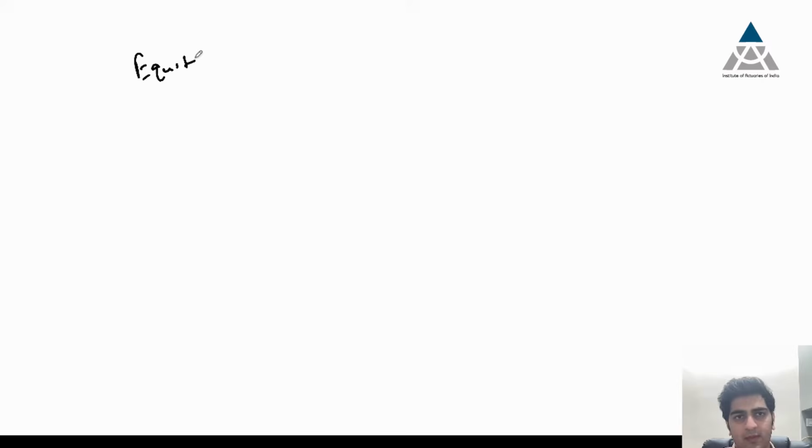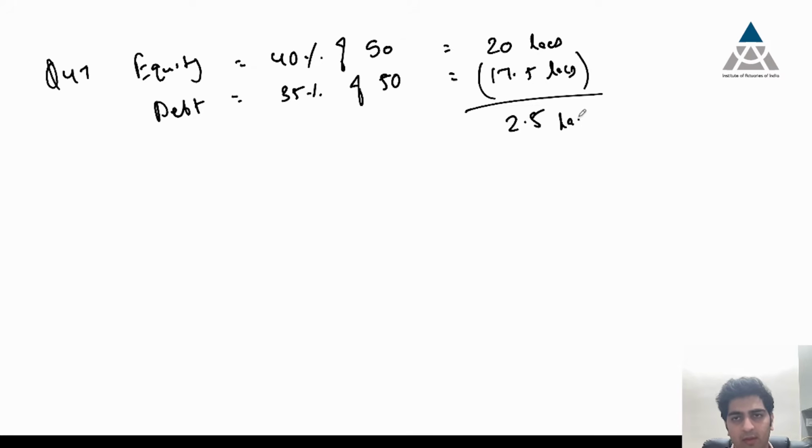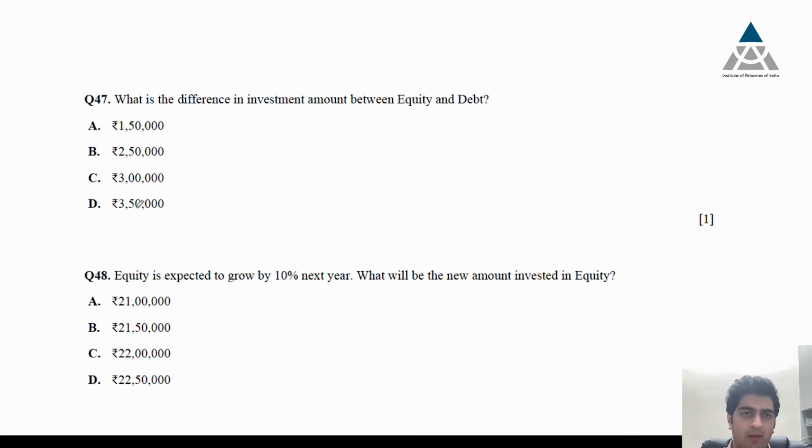Equity would be 40% of 50 lakhs, that is 20 lakhs, and debt would be 35% of 50 lakhs, that would be 17.5 lakhs. So the difference between the two is 2.5 lakh rupees, and you can clearly see among these options that option B is 2.5 lakhs.